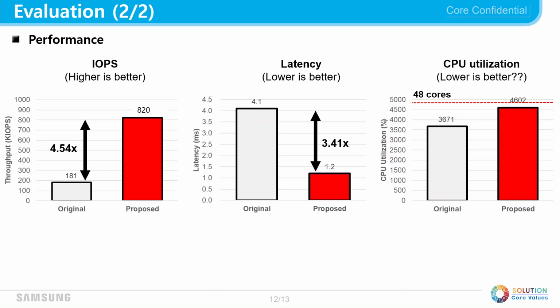When it comes to CPU utilization, almost all cores are utilized in the proposed architecture, but we observe that the original OSD does not. It seems weird, as we say that we reduce the CPU consumption, but this is because the proposed design achieves higher IOPS per core than the original case.